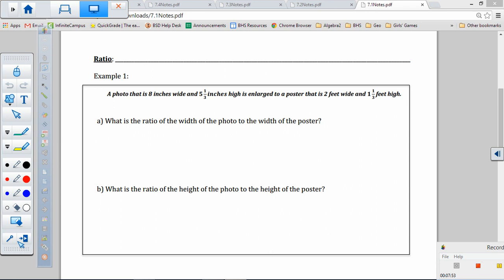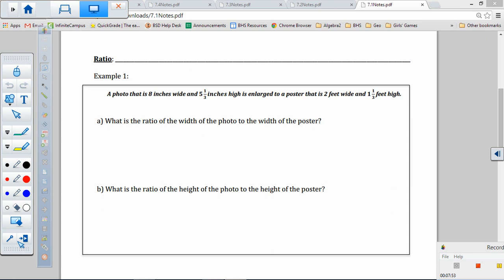Write my fraction out. What is it that I want compared to what other thing? And then you're just going to replace width of the photo. What was the width of the photo? That was 8 inches. So I'm going to put my 8 inches in here. Okay, so the photo was 8 inches wide, and the poster was 2 feet wide.